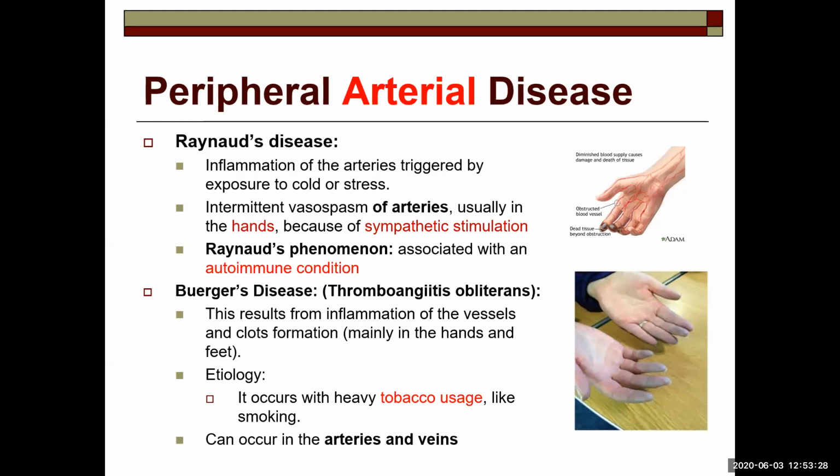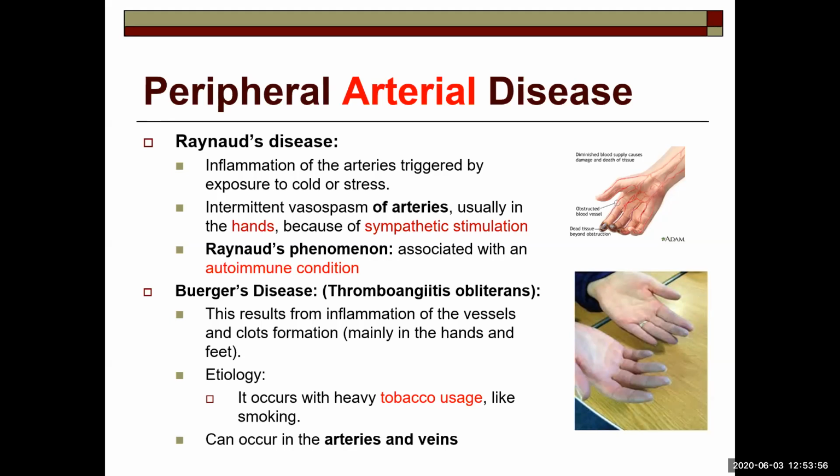Usually it happens in the digits, like your fingers, your toes. That's where you get it. Okay. Now, you can get what we call Raynaud phenomenon if it is due to an autoimmune condition. So certain people with the autoimmune, like lupus and the other autoimmune disorders, if you get Raynaud disease because of the autoimmune, then you have what we call Raynaud phenomenon instead.